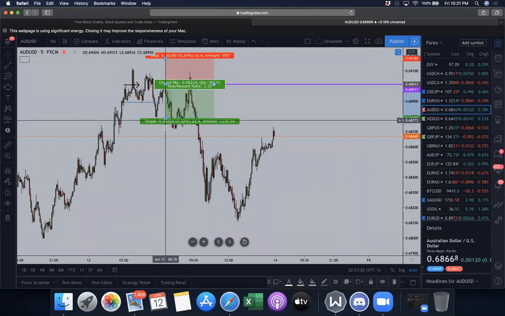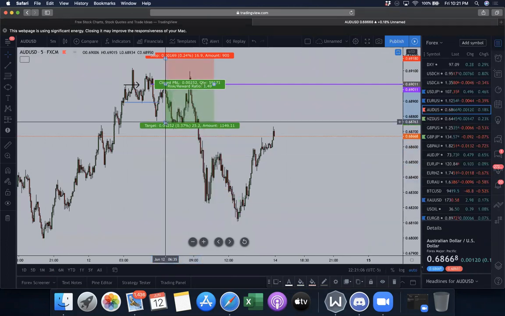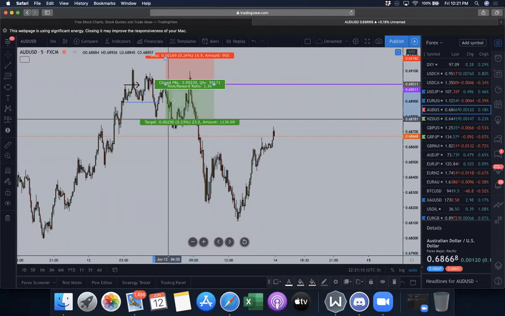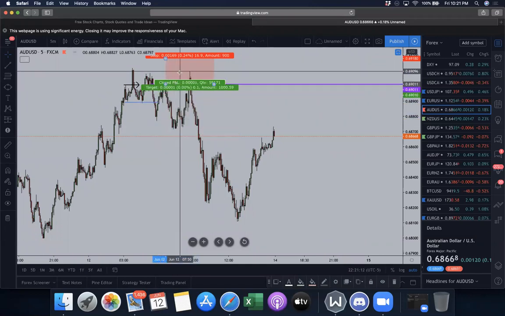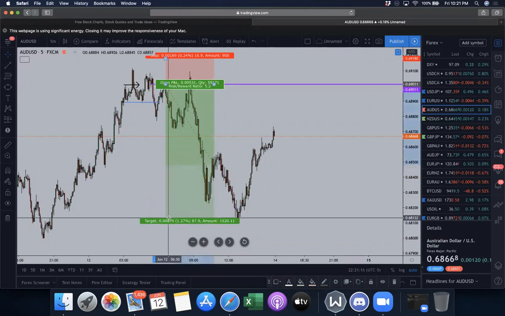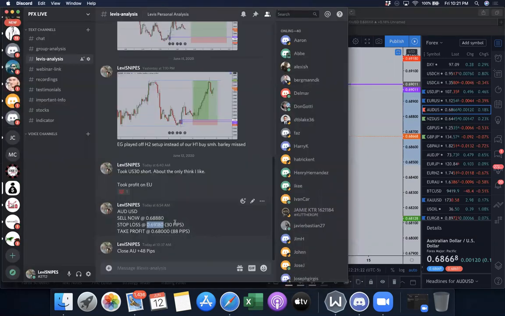And then you can see price came down. Well, at first it came down about 25 to 28 pips here, retraced back up, had a little bit of drawdown there, like 7 pips, and then dropped pretty nice, about 88 pips here. So hopefully y'all took that trade right here.